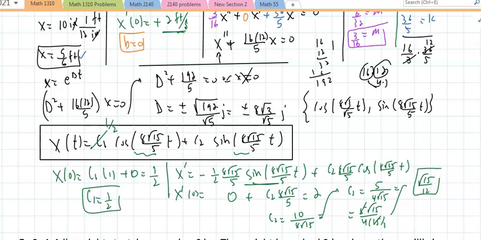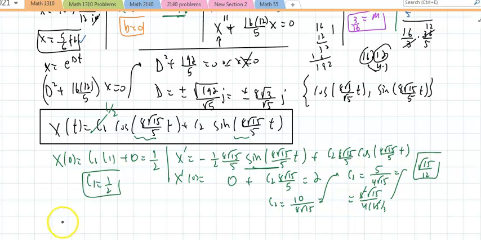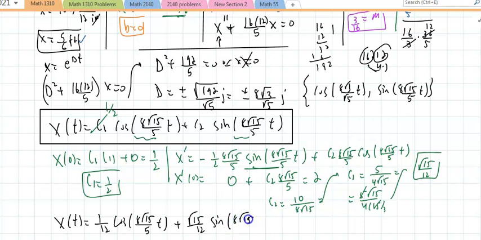So my solution, or my equation, becomes 1/2 cosine of 8 radical 15 over 5 t, plus radical 15 over 12 sine of 8 radical 15 over 5 t.